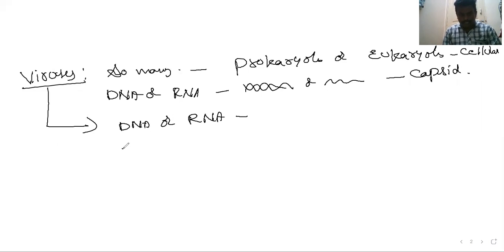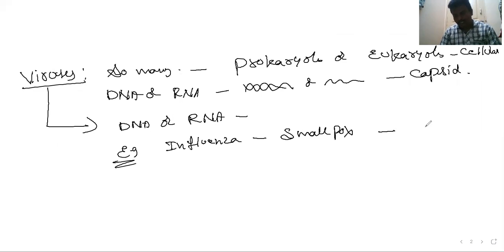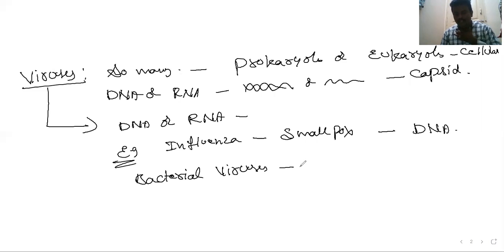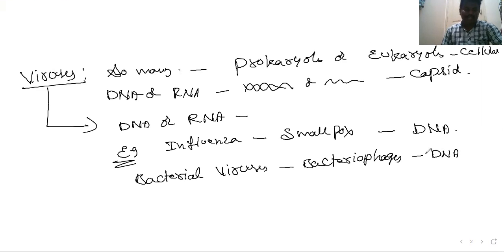For example, some examples: influenza virus and smallpox virus. Smallpox virus contains DNA as a genetic material. Bacterial viruses: the viruses which attack bacteria are called bacteriophages. Bacteriophages contain double-stranded DNA as a genetic material.